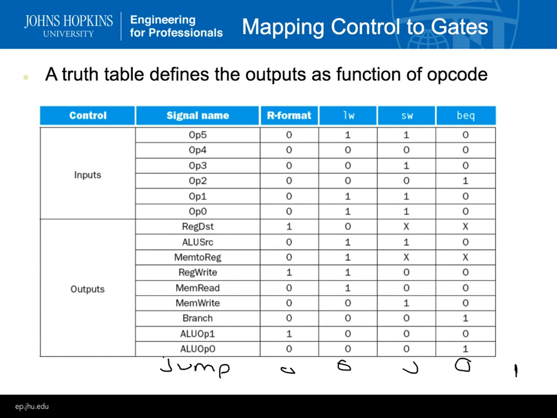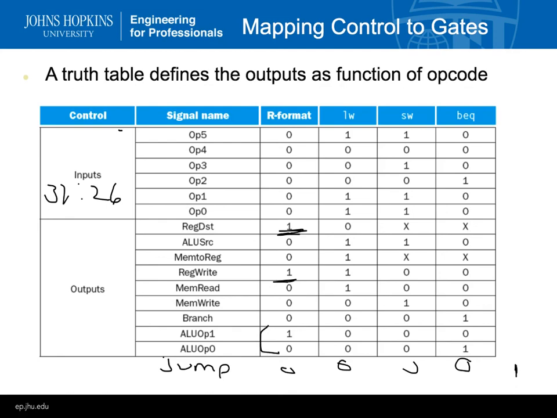So this is the 6 bits of the opcode, which is bits 31 to 26. And then what the output control signals would be for each of those. If it's an R format, I'm saying, okay, use that third register. We're going to write a register and send 10 as ALU op.